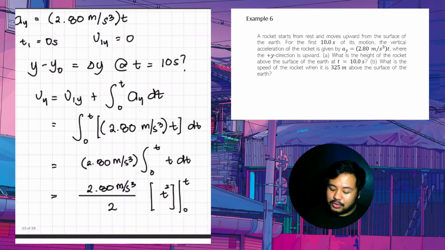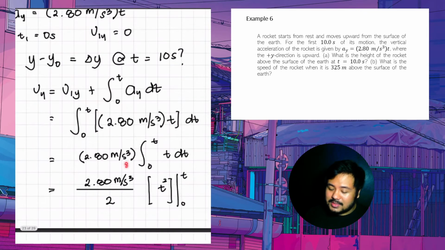We now have 2.80 meters per second cubed times the integral of t dt evaluated from 0 to t. If integration is just the opposite of differentiation, then to go back to the original form, this t should have a power of 2.